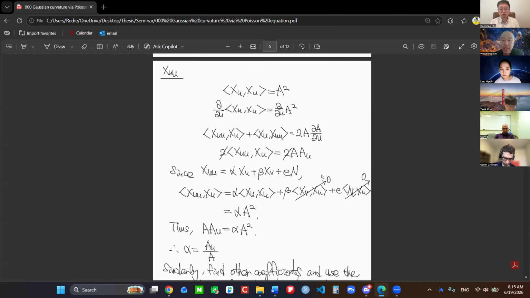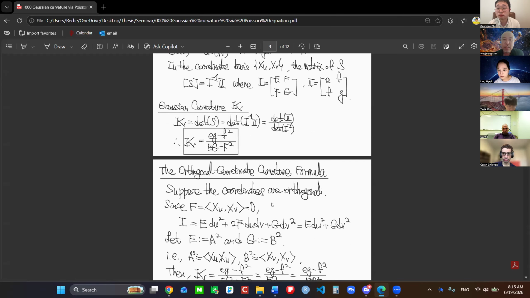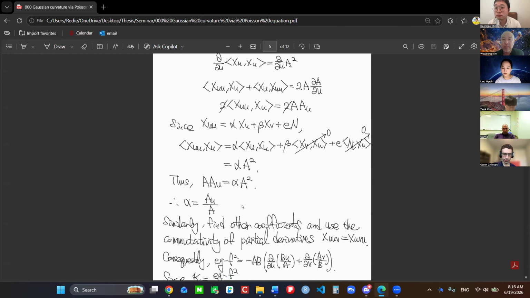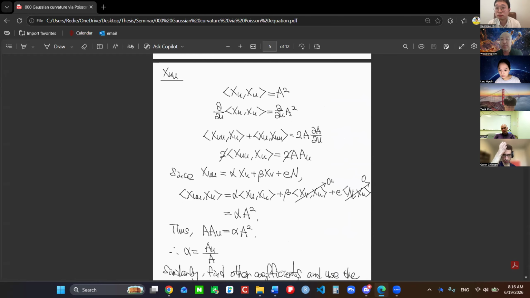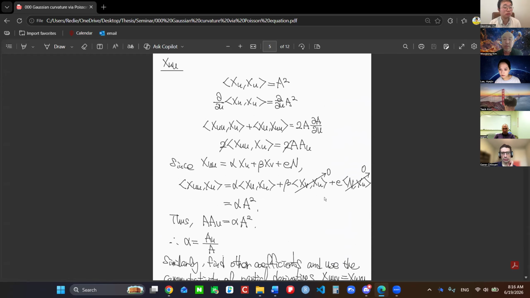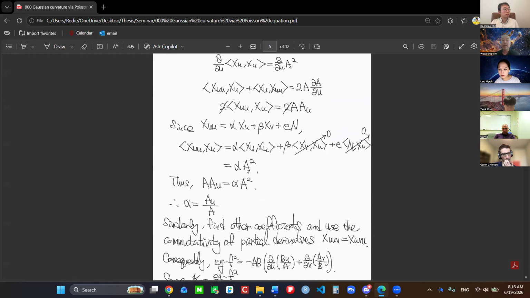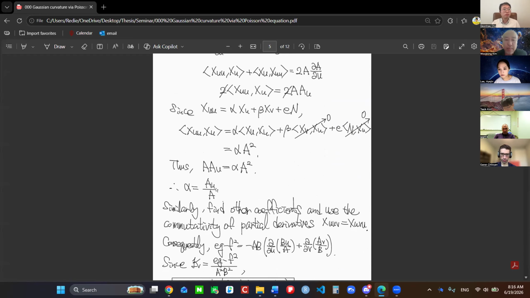But in here, this is an orthogonal coordinate system, which means this is going to be 0, and this is going to be 0. This is going to be canceled. So it becomes alpha a squared. These are the same. So a partial u is alpha a squared. Therefore, alpha is a partial u divided by a.